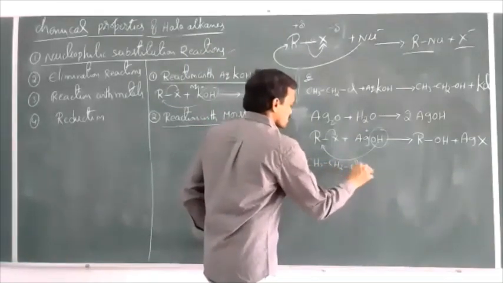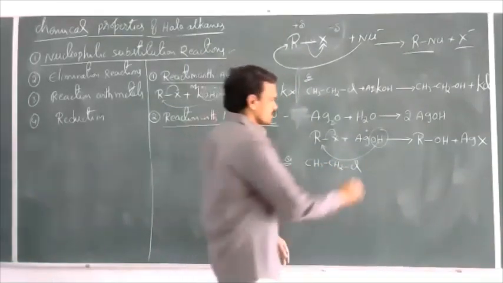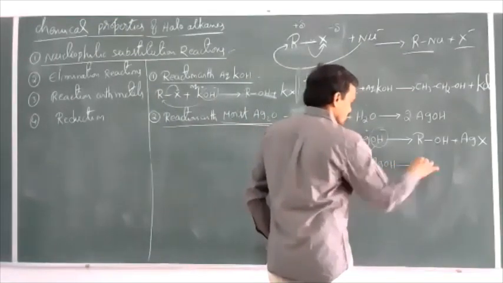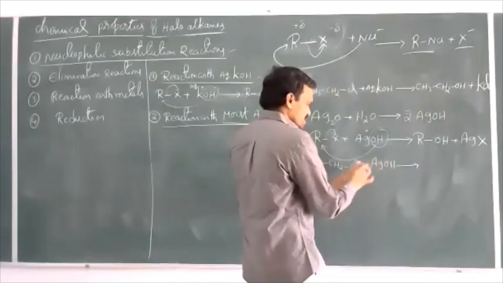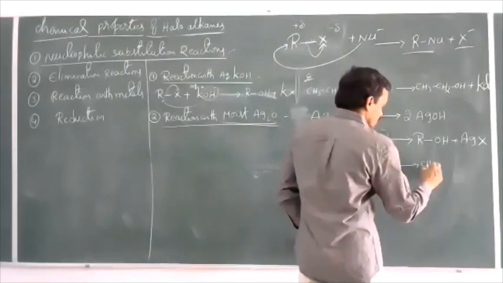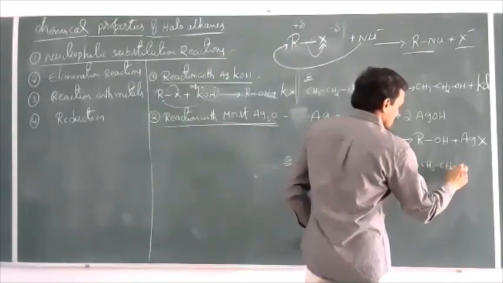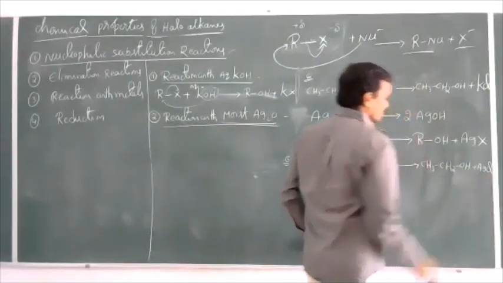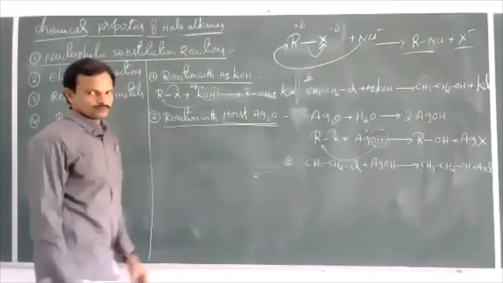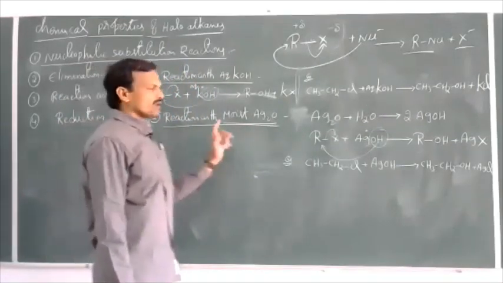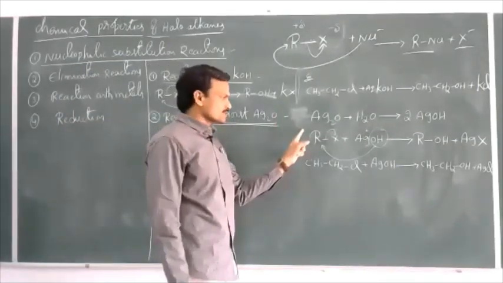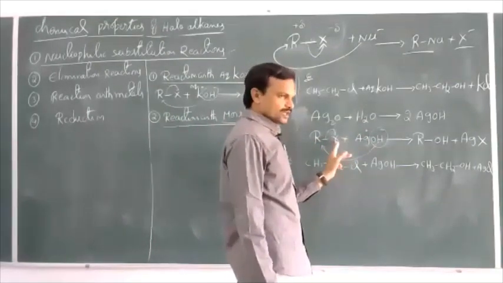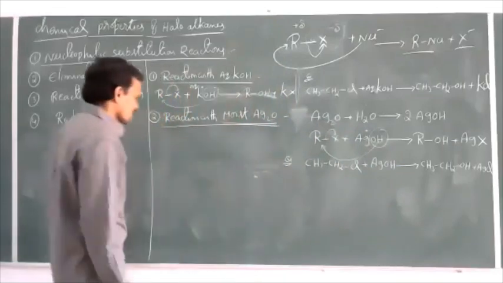CH3CH2Cl, ethyl chloride, plus AgOH, nothing but moist silver oxide. Then OH minus replaces Cl minus, and we can get CH3CH2OH plus AgCl. Silver chloride is formed. So when haloalkanes react with the moist silver oxide, that X minus is replaced by OH minus. This is the second one.